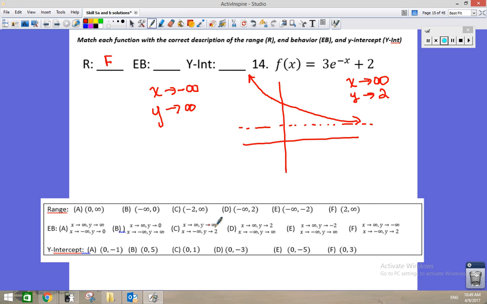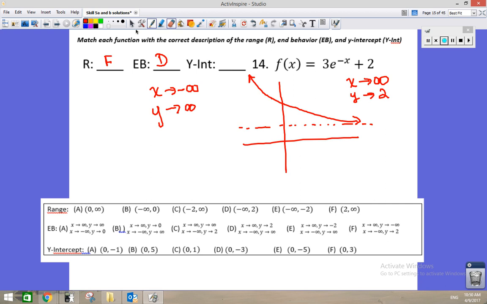So here in D, as x approaches positive infinity, y is approaching 2. And as x is approaching negative infinity, y is approaching positive infinity. That end behavior, EB, has to be a match to choice D here.